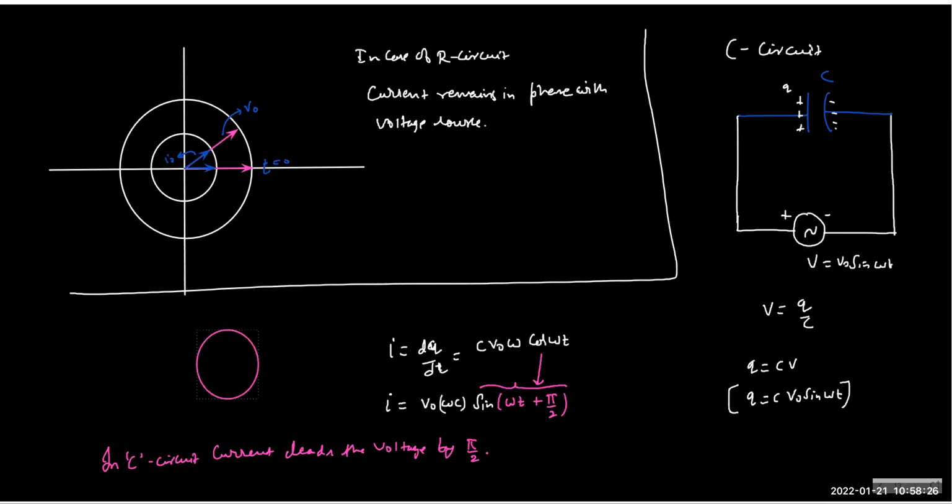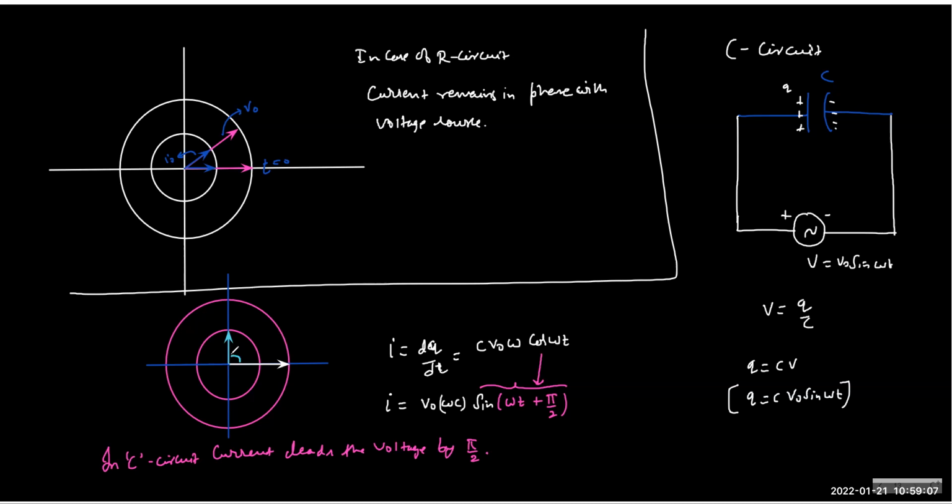If you draw two concentric circles, one representing the voltage, so if this is the voltage, then current will be ahead, it will be leading, and the lead is pi by 2.